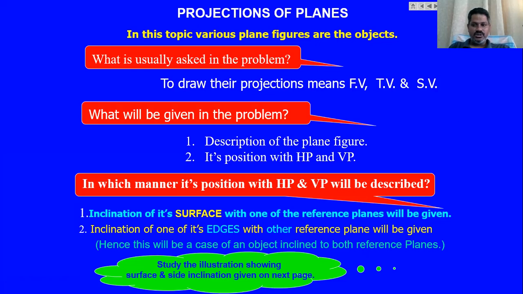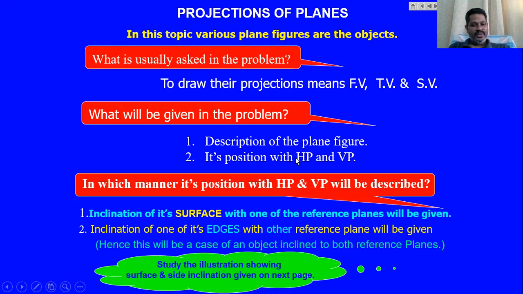That data will also be given. So normally in the problem, they ask us to draw the front view, side view, and top view of the plane. They give us the description of the plane, then its position with HP and VP.